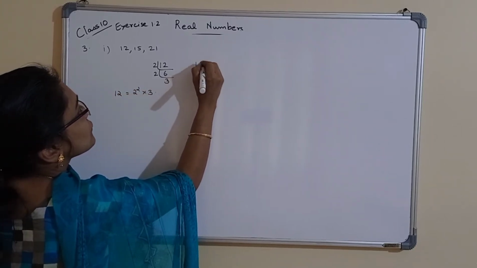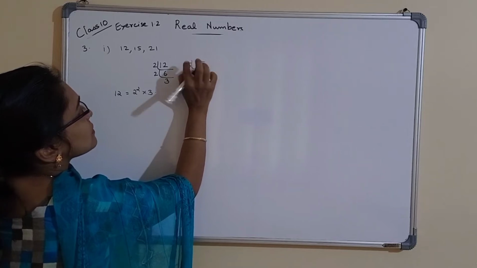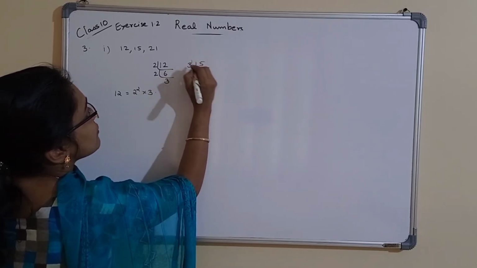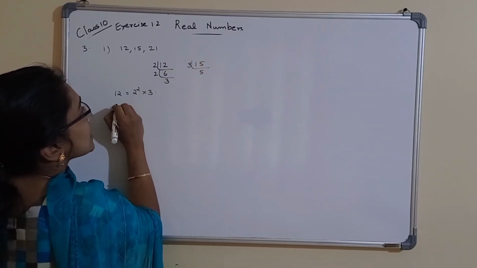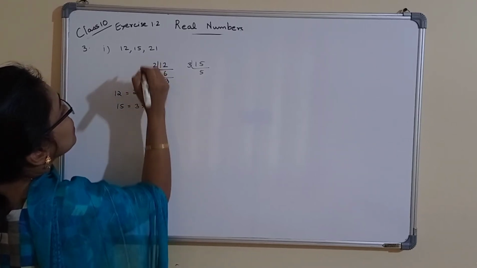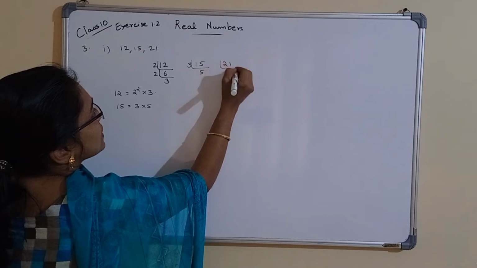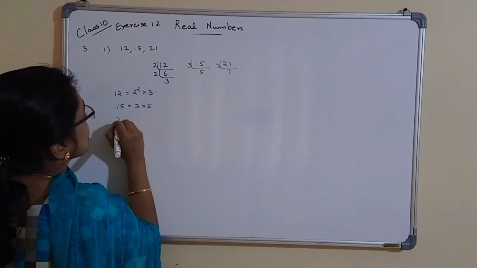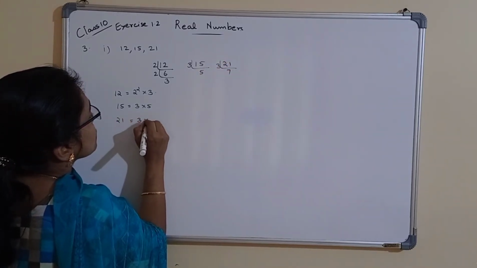Okay. Now 15. 3 is a factor, then 5. So we can write it as 3 into 5. Now 21, 3, 7. So 21 is equal to 3 into 7.